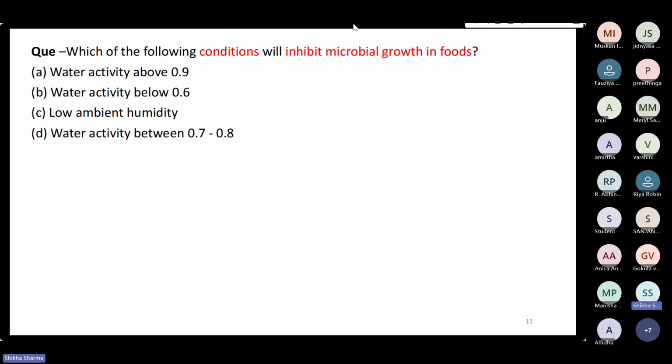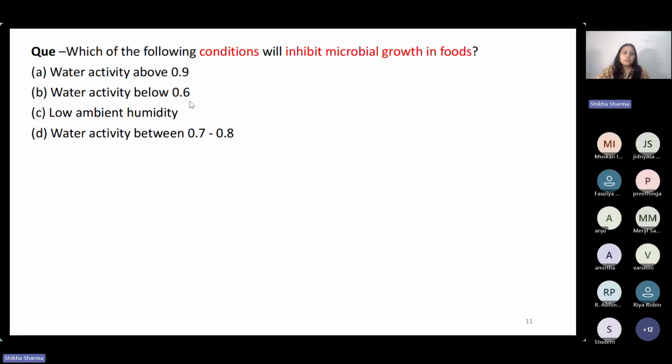Can we move to the next question, which is about which of the following conditions will inhibit microbial growth in foods? Water activity above 0.9, water activity below 0.6, low ambient humidity, or water activity between 0.7 to 0.8.